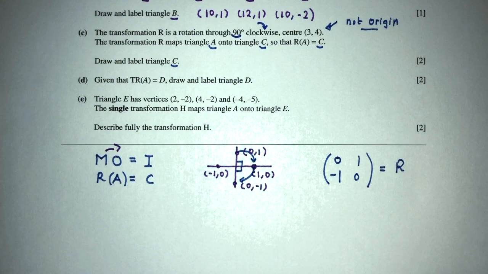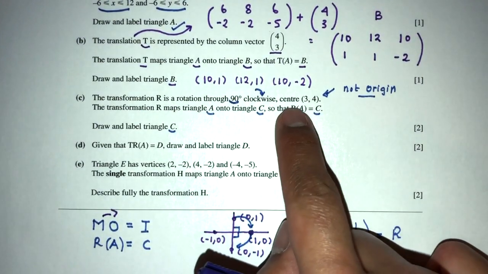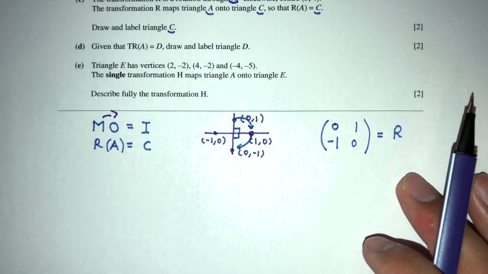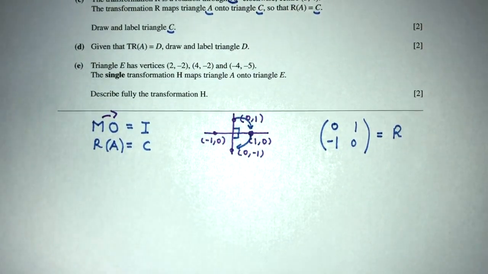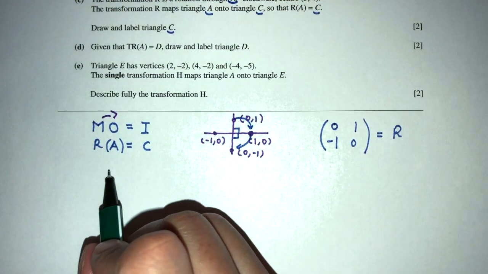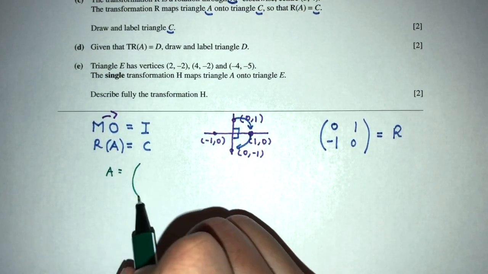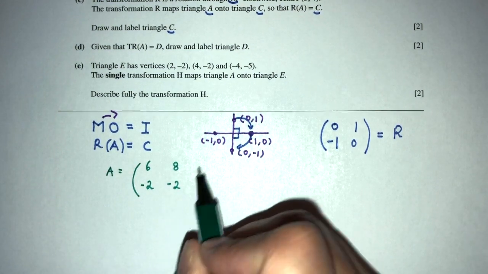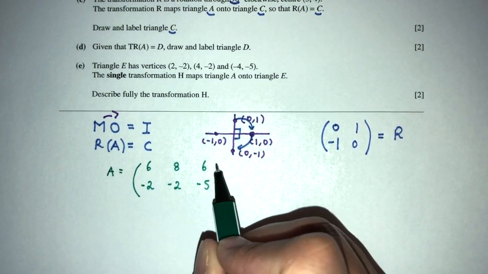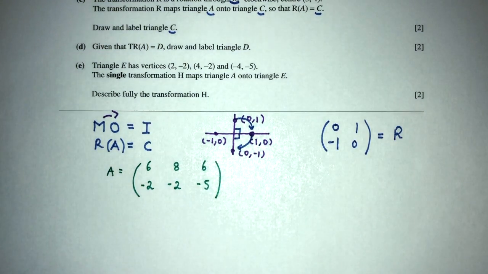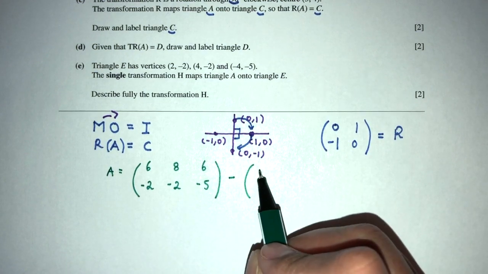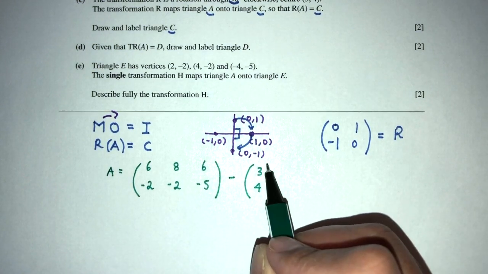Now, as you can see, the center here is not O, so we have to do something. We know that for the points of A, they have been given to us. A was given to you by (6, -2), (8, -2), (6, -5), that's the points of A. So now, because the center is not O, what I can do is, I can minus the center, which is (3, 4), for this transformation.